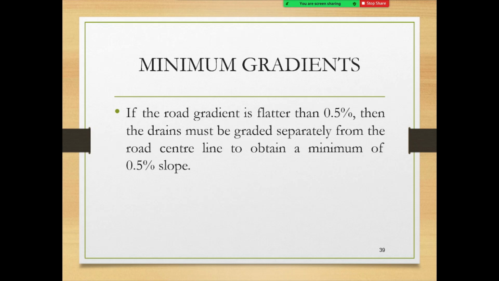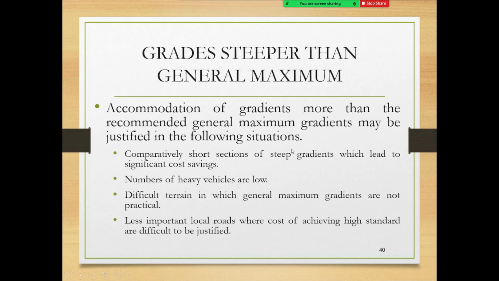Usually only for very small sections we allow such flatter gradients. Otherwise there can be aquaplaning. So anyway, if so, you have to grade the drain separately to provide a minimum of 0.5% slope.